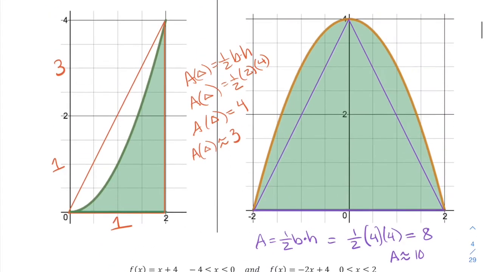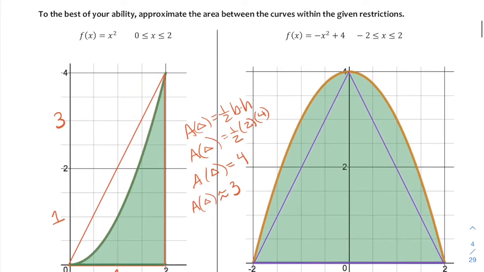Now, I haven't shown you, we'll get to this, but there is a way to exactly calculate this particular area here that is shaded under the curve of x squared. Okay, I'm going to do it right now.